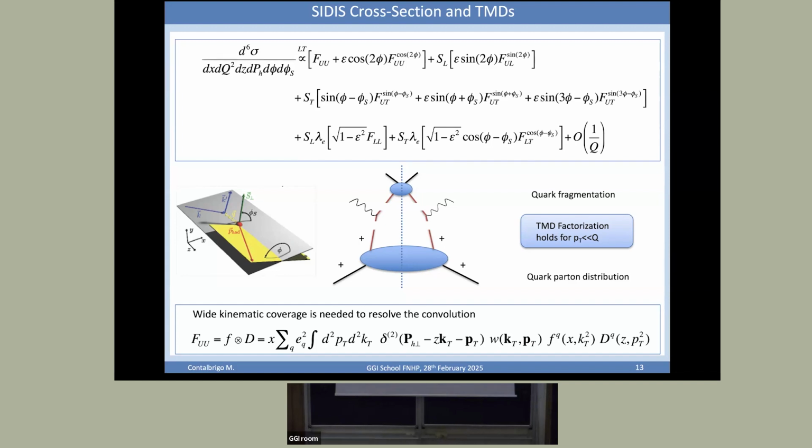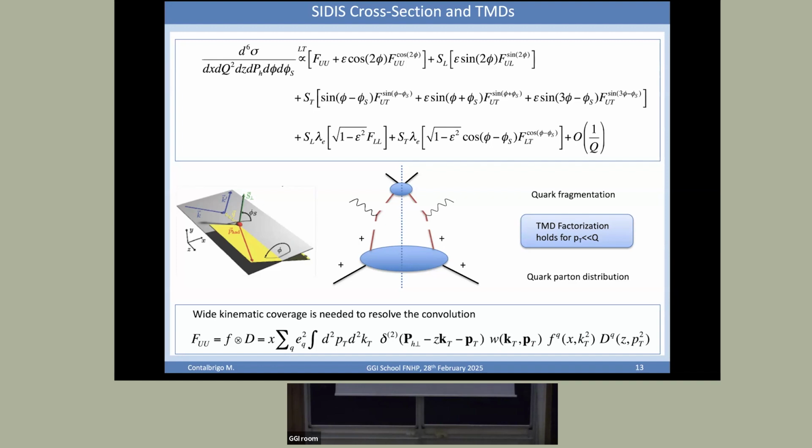You see again Bjorken x. Here Q squared is there, but it's not written for simplicity. But you see again x that tells you, if you want, the fraction of the target that you pick up, the z that tells you the energy of the final hadron. And then you have the transverse momentum you have in the target and the transverse momentum you generate during fragmentation. And these are convoluted with each other.